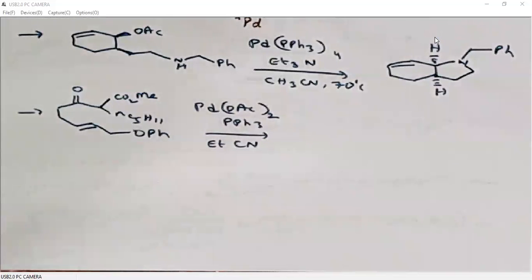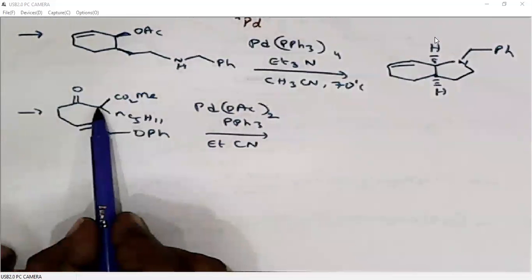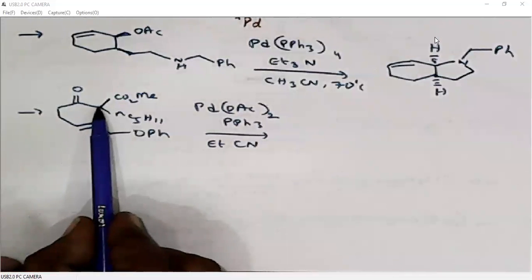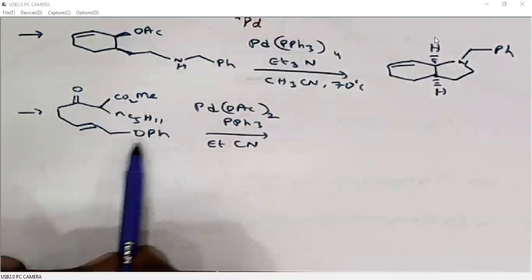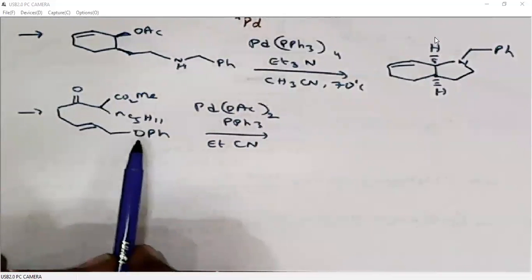So in this case, what is the nucleophile? It is a neutral system. We have two carbonyls on this carbon, so this carbon is acidic; the protons on this carbon are acidic. So this is the nucleophilic center. Then this is the allylic system where the OPh group is a leaving group.